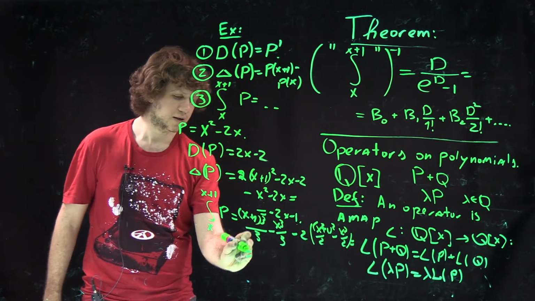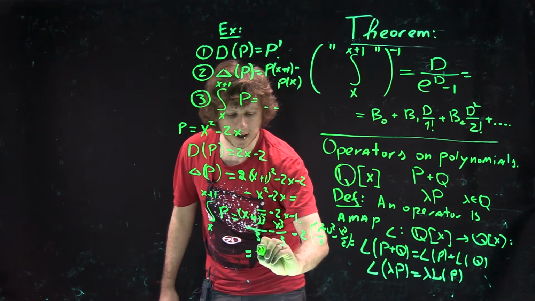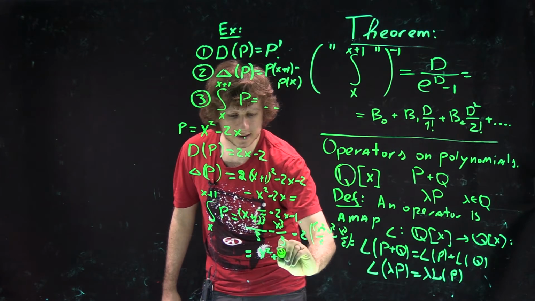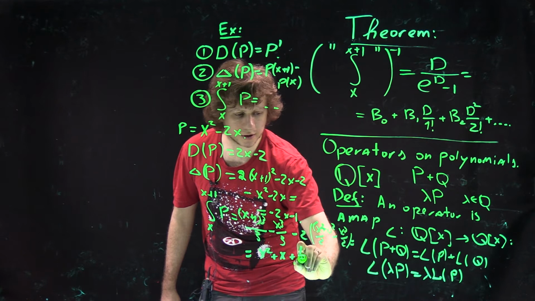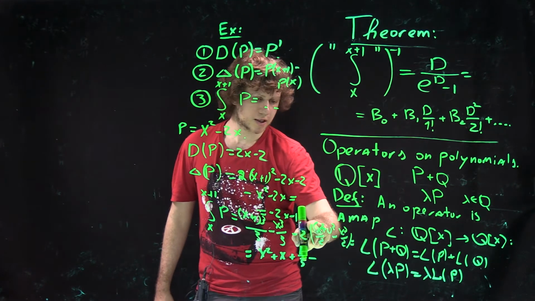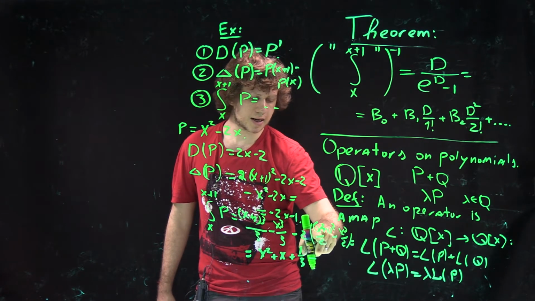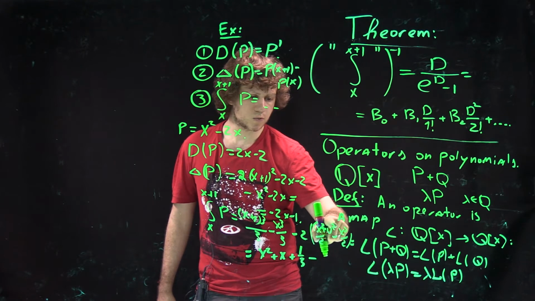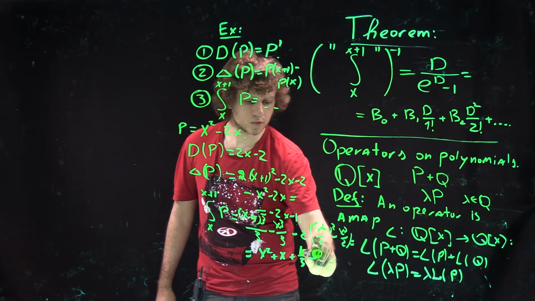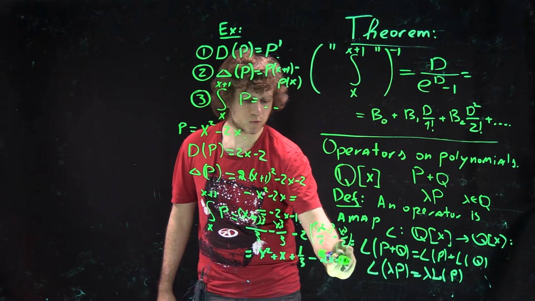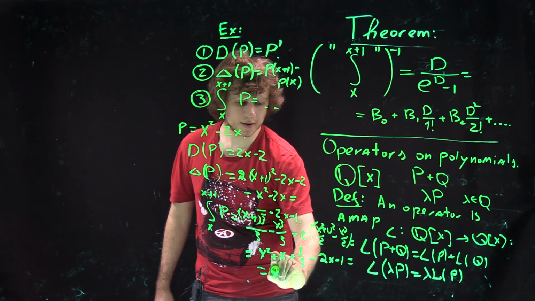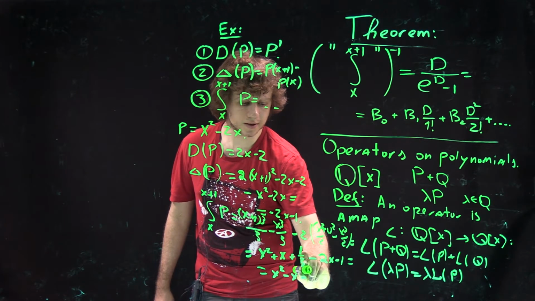Or actually I can. Let's see. So this is x squared plus x plus 1/3 minus 2x minus 1 plus x squared..., which is x squared minus x minus 2/3.